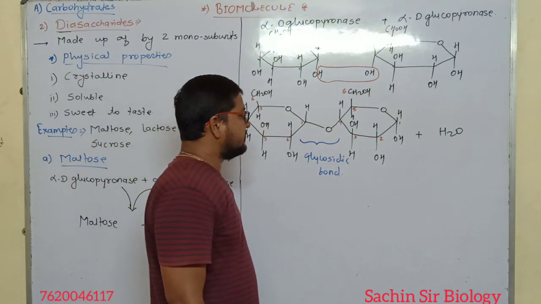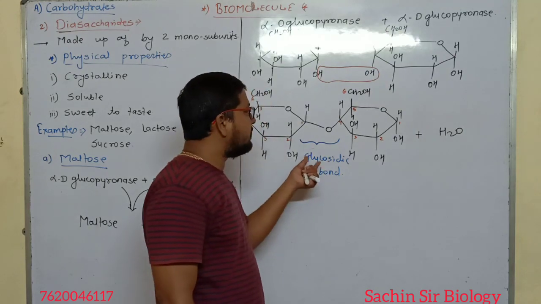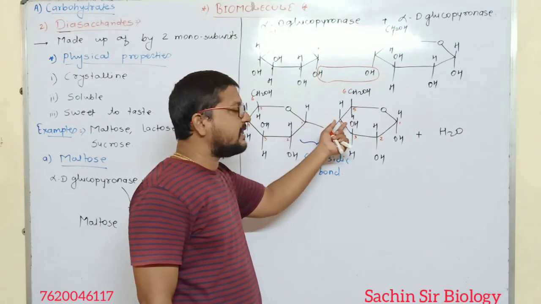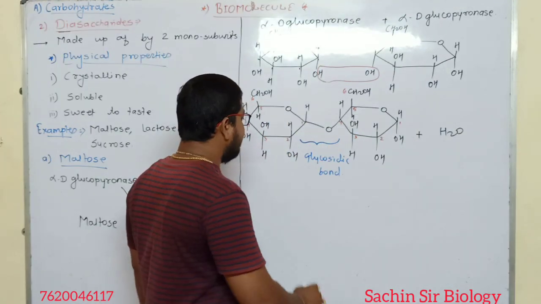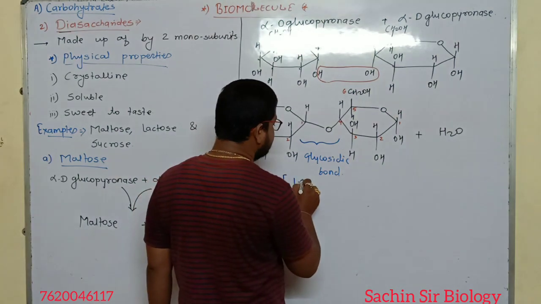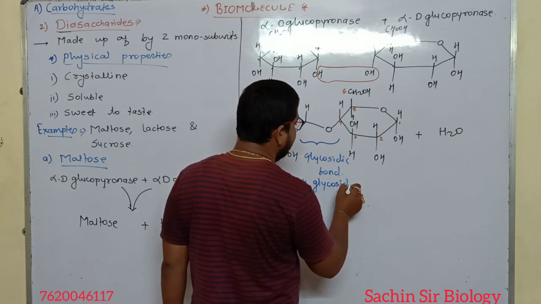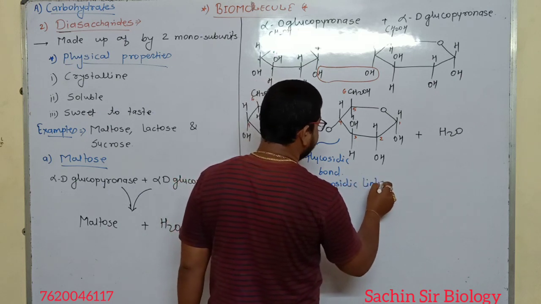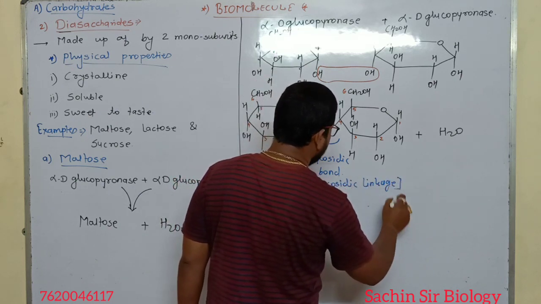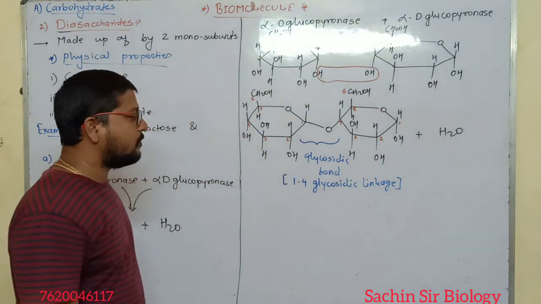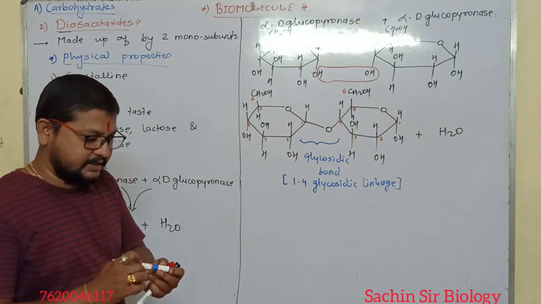But this glycosidic bond is formed between the first carbon and fourth carbon. Hence, it is also called 1,4 glycosidic linkage.